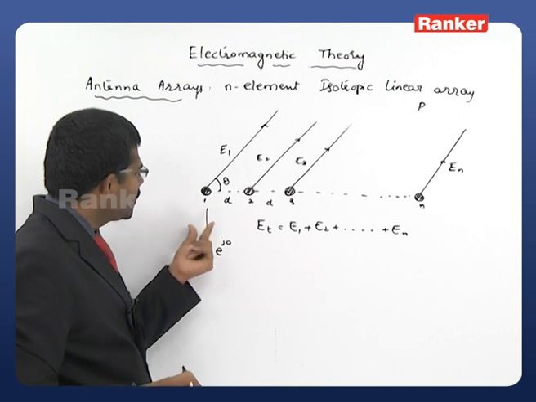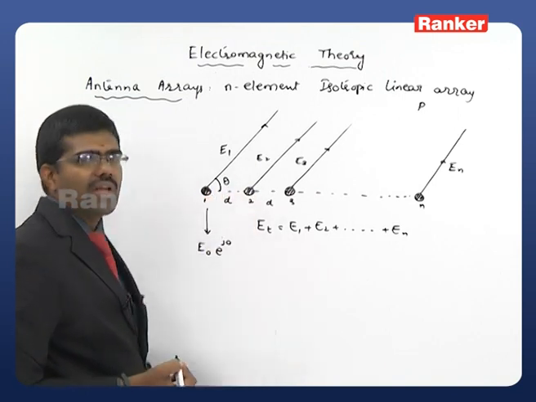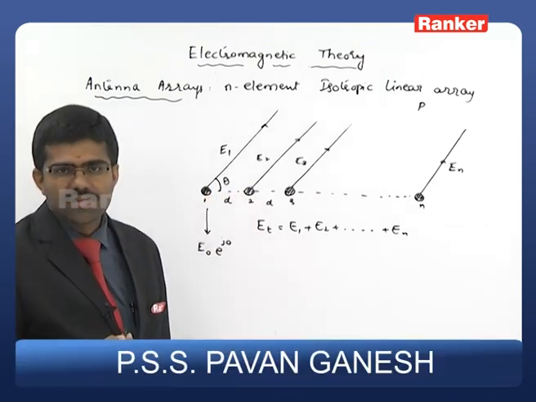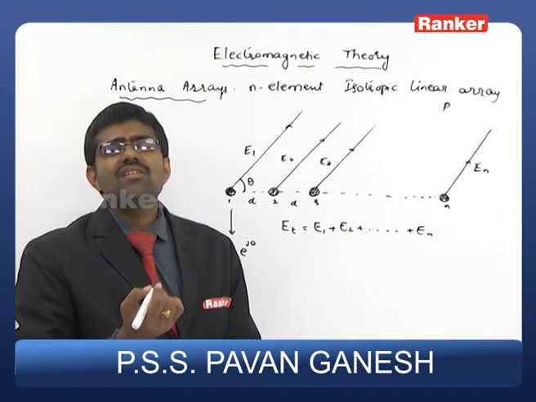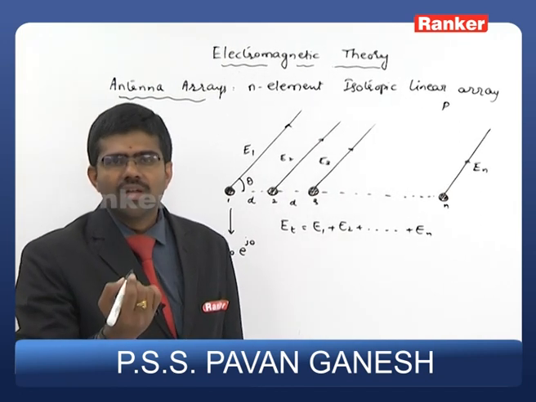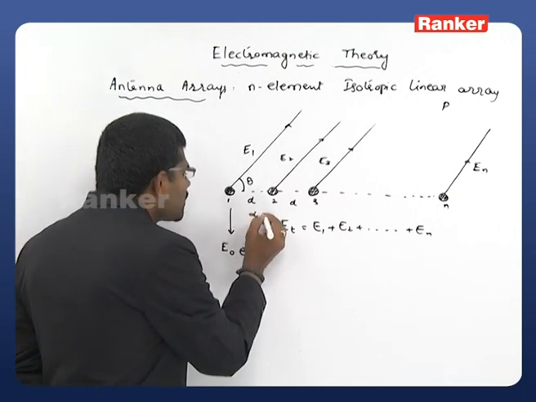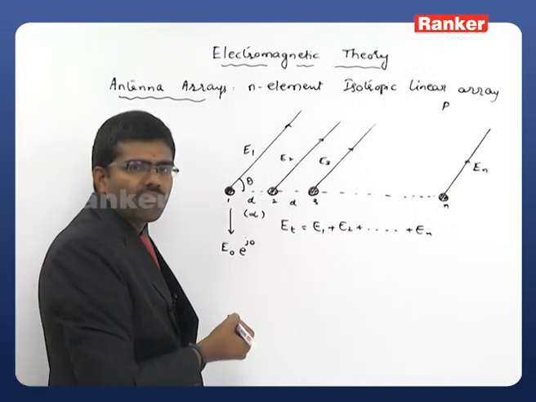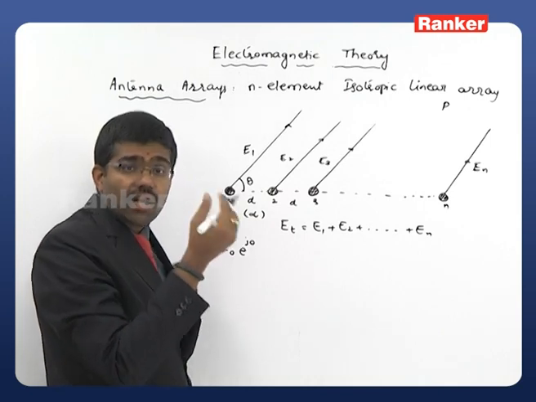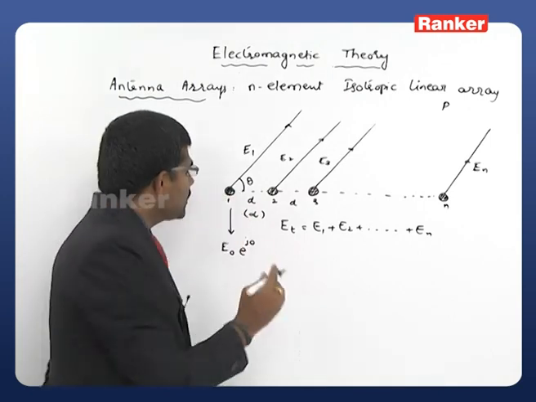Now with respect to the first one, the second one will definitely have some phase difference. So assume that there is an initial phase difference for the second one. I will assume that initial phase difference as alpha, which is what I am applying initially.